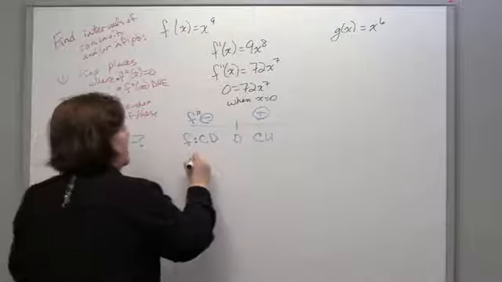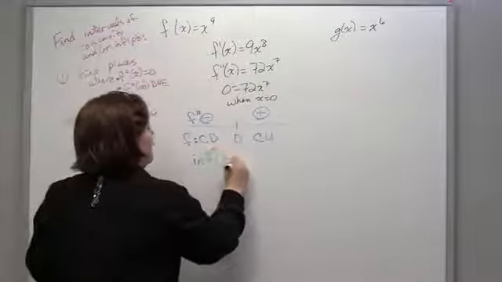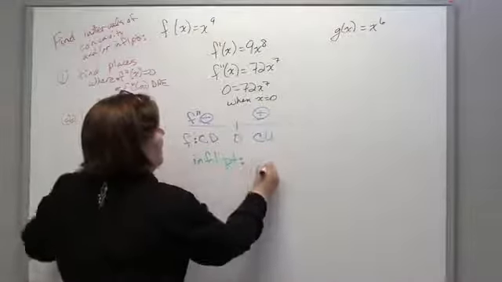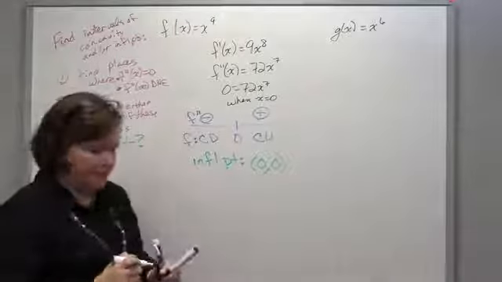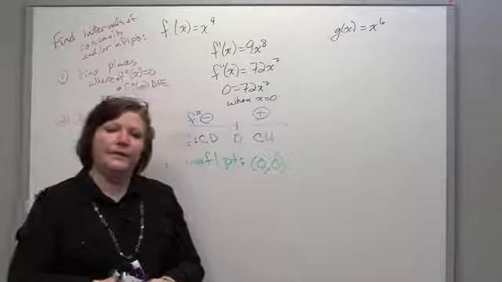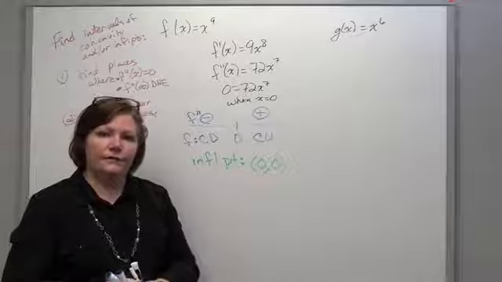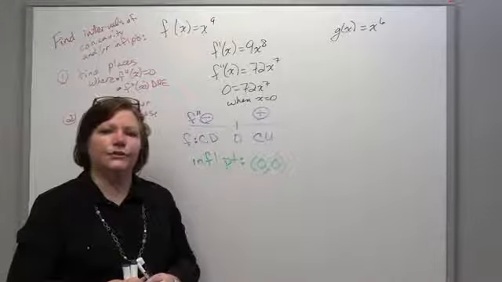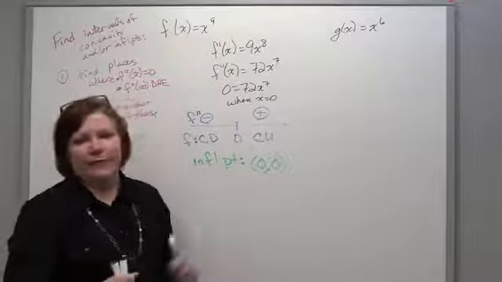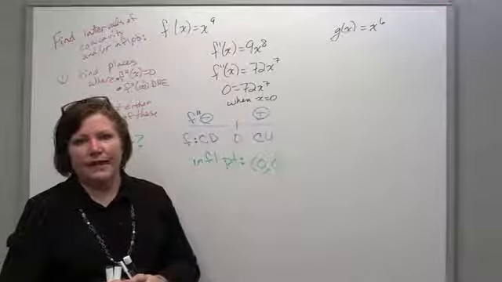So we have an inflection point when x equals 0, and it ends up being the origin. When we first look at the graph, it might not be obvious that's exactly where it changes concavity, but calculus helps us find that.